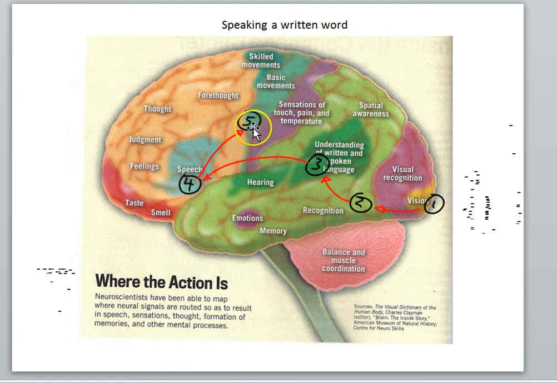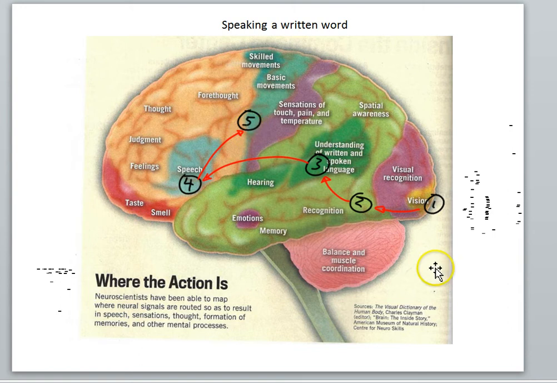There's a part of that strip of tissue there that controls the mouth and the larynx and the tongue, all the vocal organs, right? So this would be the actual control system for operating our vocal organs. Remember, this would be sort of the plan for how to say a word. This would be the actual final stage of saying the word.